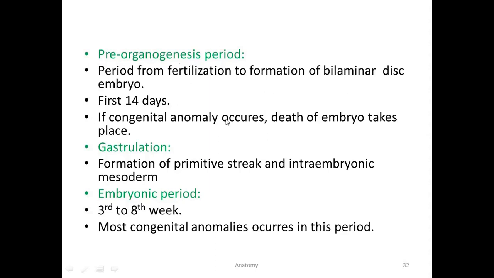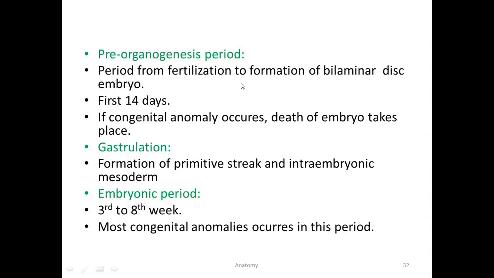If a congenital anomaly occurs, if during this time something goes wrong, it is decided that death of the embryo takes place. The embryo will not survive for further development, the cells will die, and in this way the pregnancy will not continue. So this is the most sensitive period.